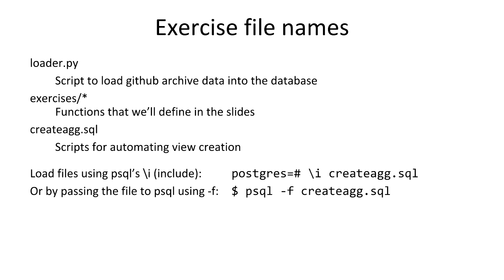We'll have a couple files in this PGConf SV tutorial directory. One of them is a loader script, which just loads some data. We're going to explain which data we're using and how to call this. And then the most important part: we have an exercises directory, and there's a couple files in there. We will reference the file names, and they will be for things that would take you too long to type yourself. You'll see when that is the case.